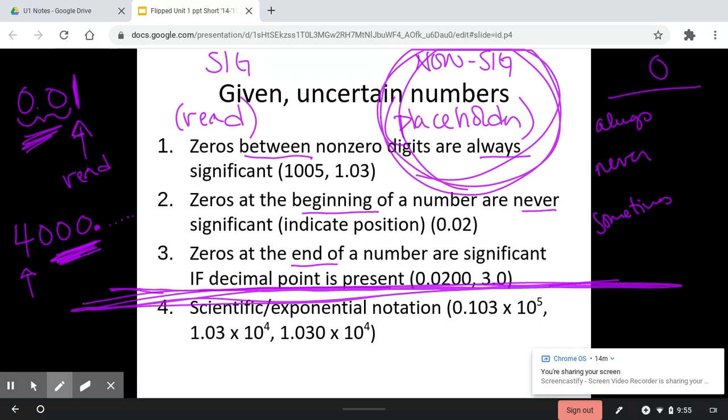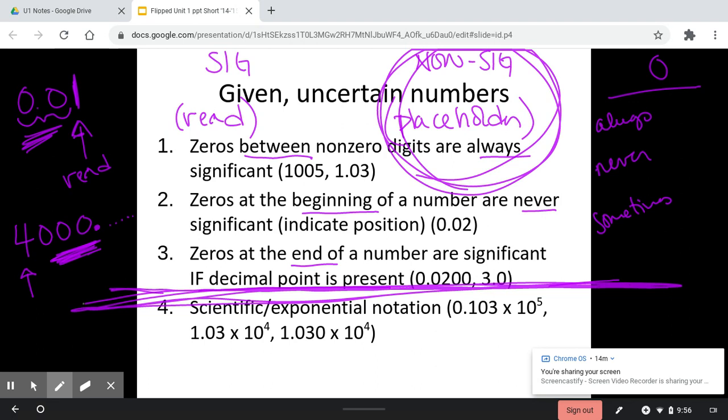We want it to mean 100th of something. We don't want it to mean 1/10 of something or 1 of something. So we need these zeros as placeholders to keep the meaning of the number the same, but we didn't read them off of our device. It makes them placeholders and non-significant numbers. So things in the front can be placeholders.